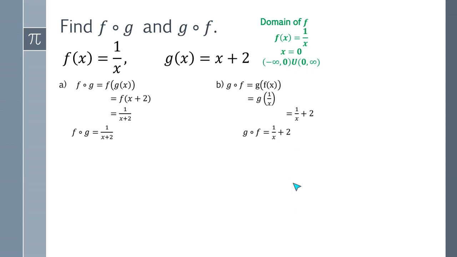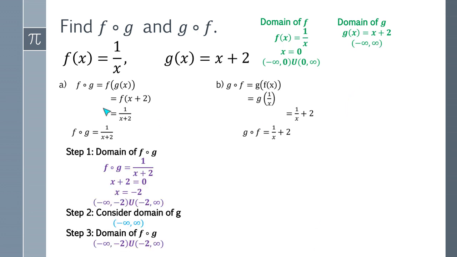And then the domain of g is a line, so this is negative infinity to positive infinity. And then we're going to do the composition. So for the domain of this composition here, x plus 2, x cannot be negative 2, so the domain is negative infinity to negative 2, union negative 2 to infinity.